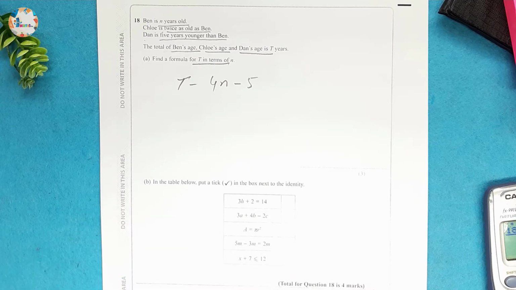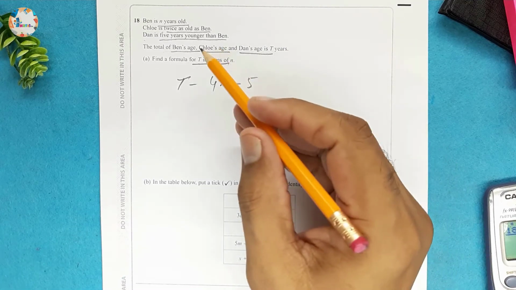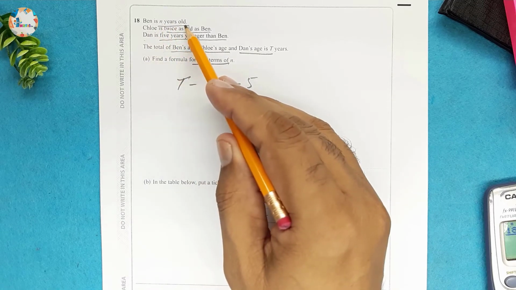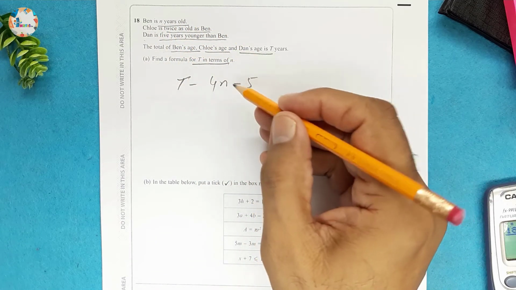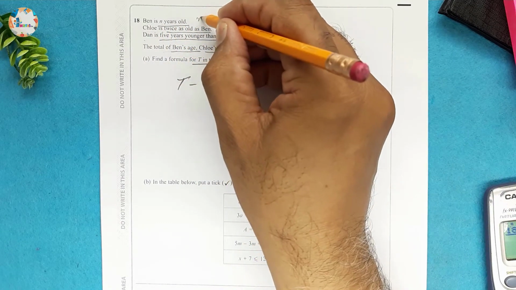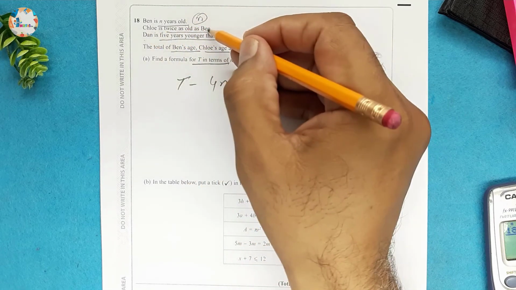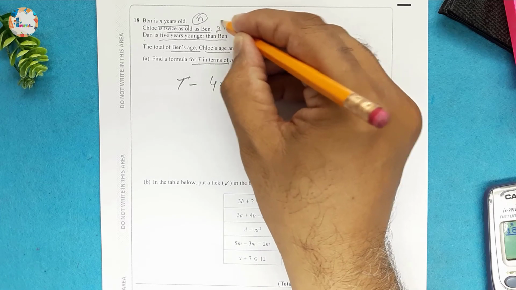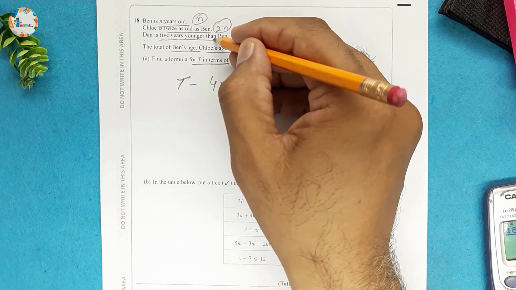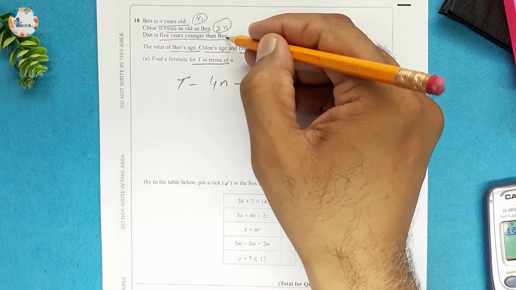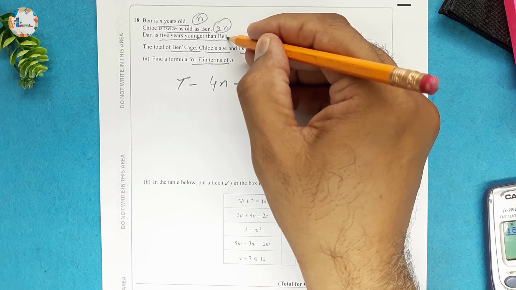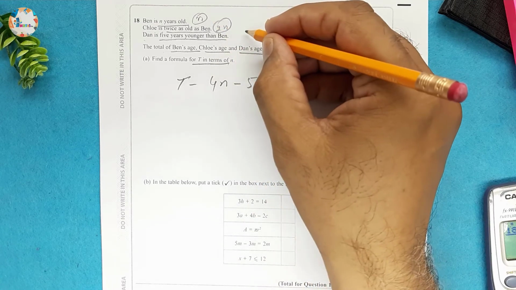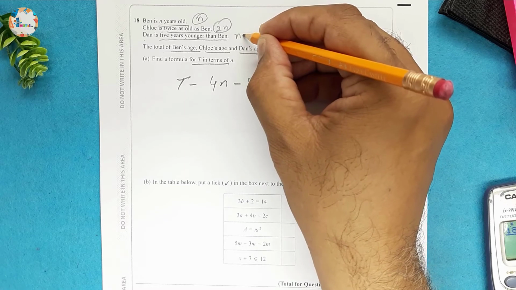So we can write the formula for this one, because Ben is n years old. So this is basically n for Ben. Chole is twice as old as Ben, so this will be 2n, and this will be Dan. Dan is 5 years younger than Ben, so that will be n minus 5.